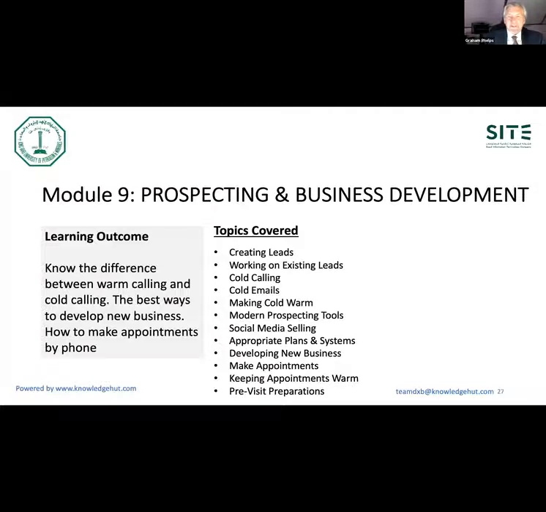So, this is an overview here of what I consider to be the best ways to develop new business, and particularly how to make appointments by telephone. Now, this clearly is important in a business to business environment, but also can work in a business to consumer model as well, as you'll see.